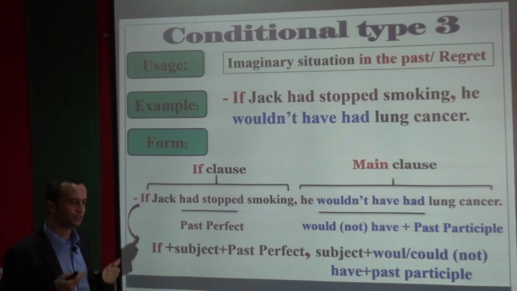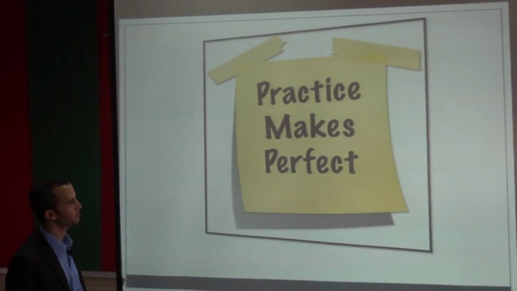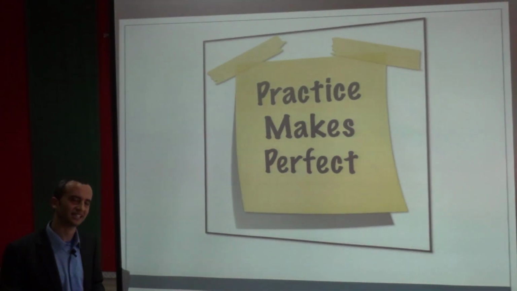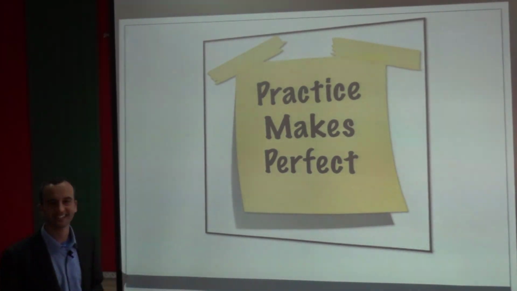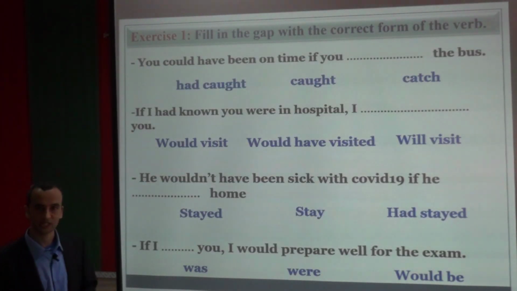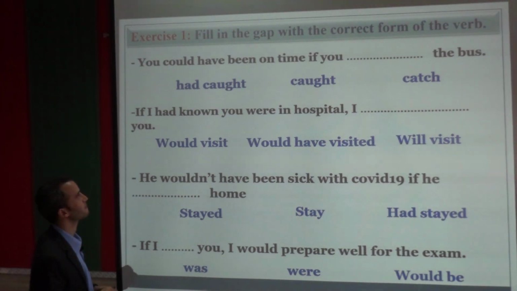Okay, to practice, to understand more the conditional type 3, let us please do the following exercise. Let's practice more. Why? Because simply practice makes perfect. So have a look at the following exercise. Let's check your understanding.